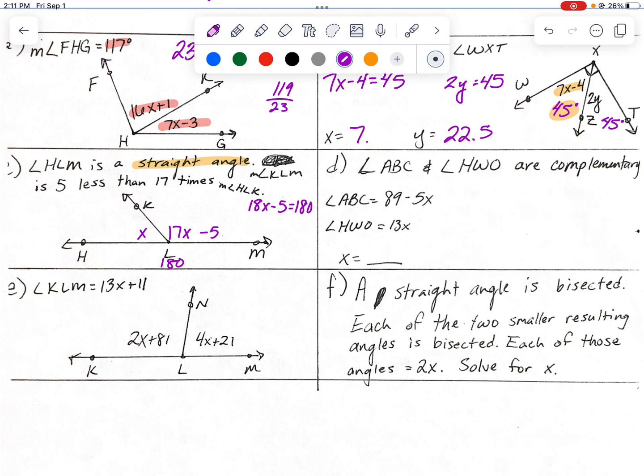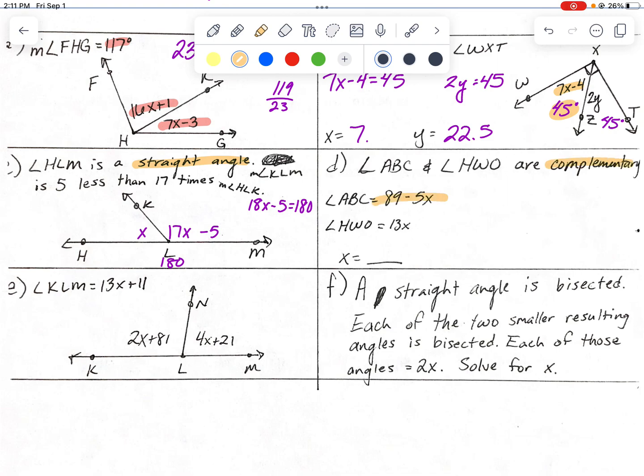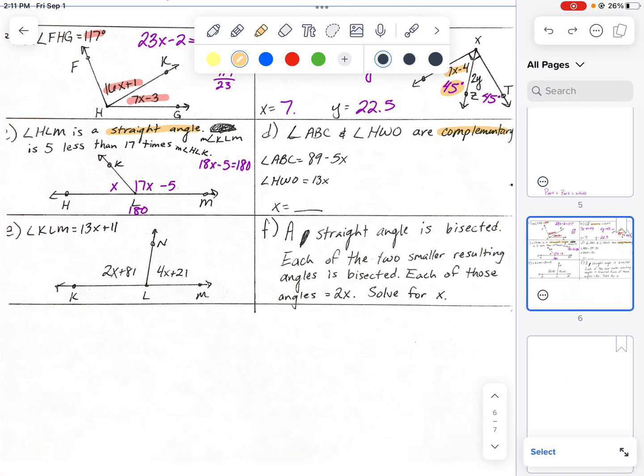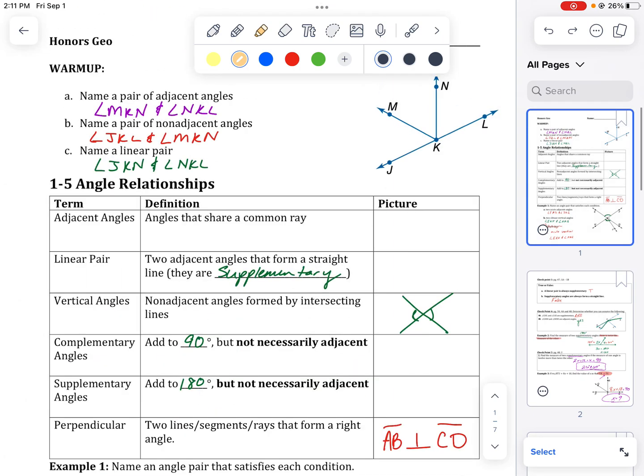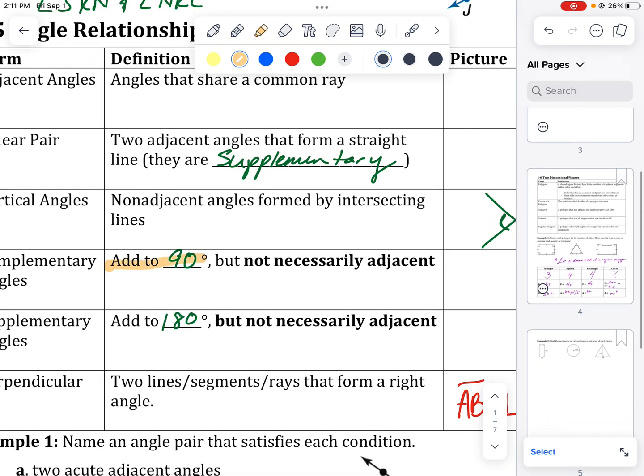Now D, just like C, we could assume straight angle is 180 because it says straight angle. D, we can assume complementary. We can assume these add to 90. So look at your definition. Complementary means that they add to 90.